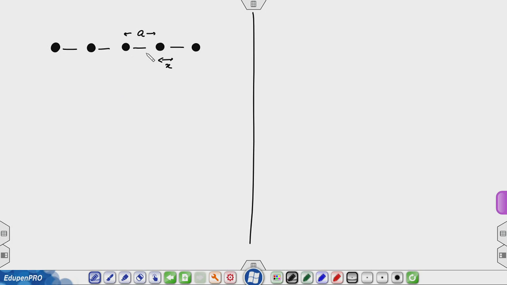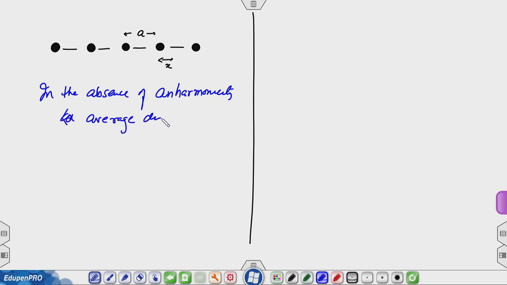The average distance between the atoms remains the equilibrium distance. So, in the absence of anharmonicity, the average distance between atoms is equal to A, where A is the equilibrium distance, no change.